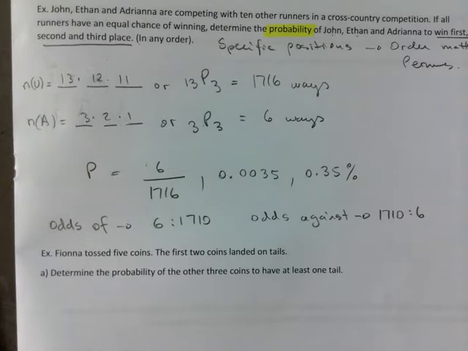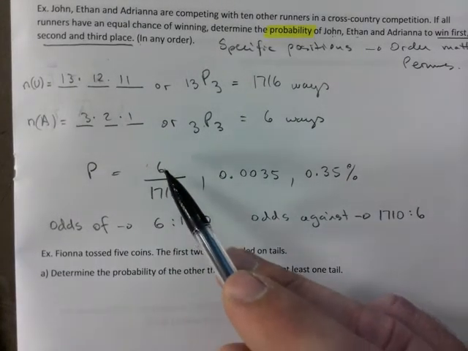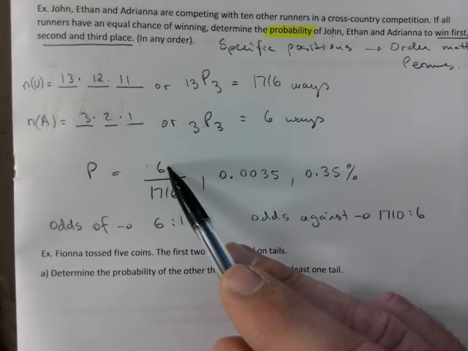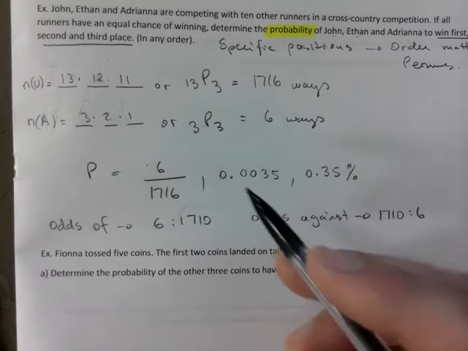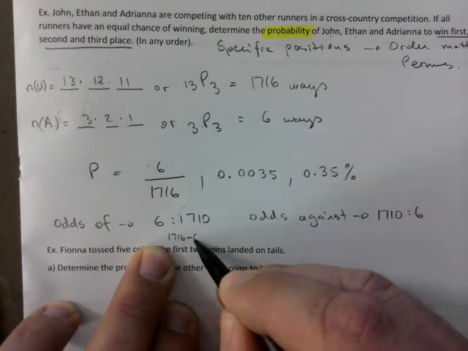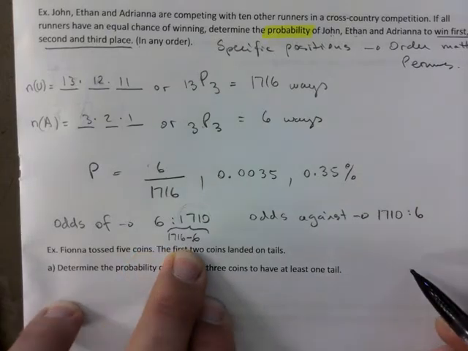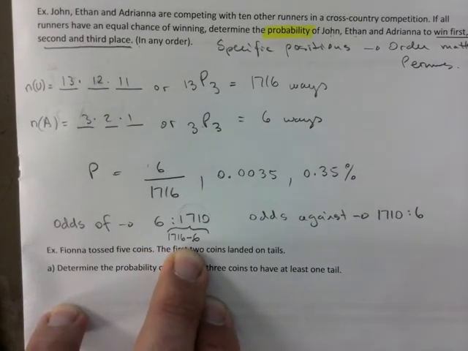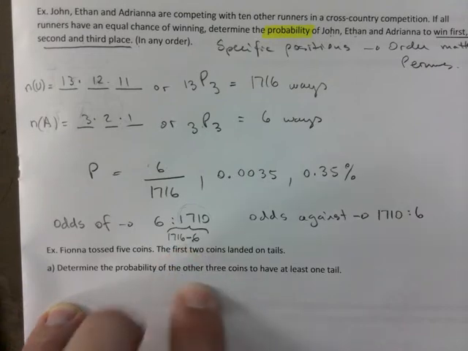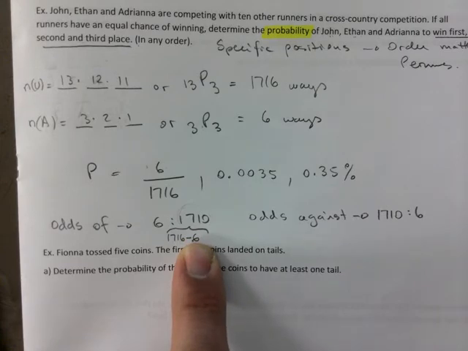Because you subtract, right, to get the not, you go universal minus the ways that they arrive. You want to do that here? 1716 minus 6. That's how I came up with that. Okay. You should not have the universal in your odds. Let's just put it that way. Ever. Okay.